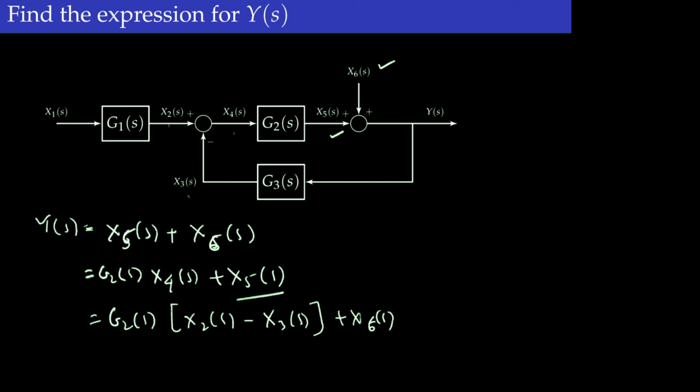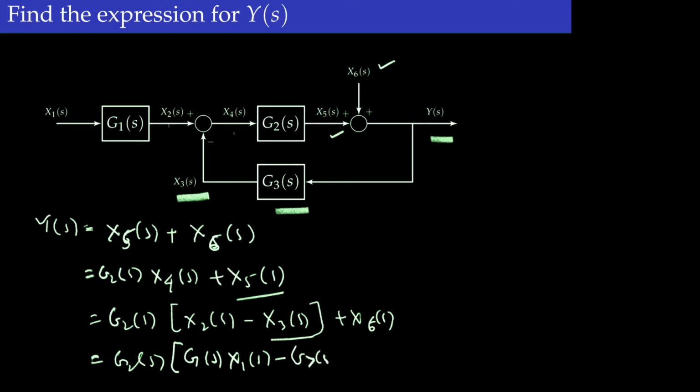Now here x3s is nothing but g3 times this ys. Okay, so we'll have g2s, x2 is nothing but g1s x1s, and this one x3s is nothing but g3 ys, plus we'll have x6s. Okay, now we see that on the right hand side there is also this ys.